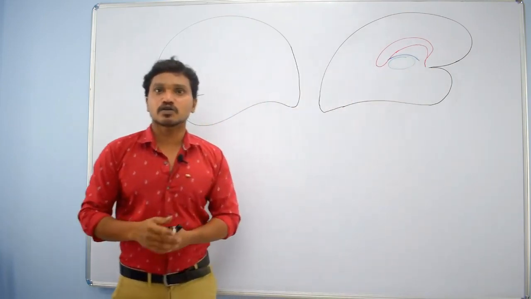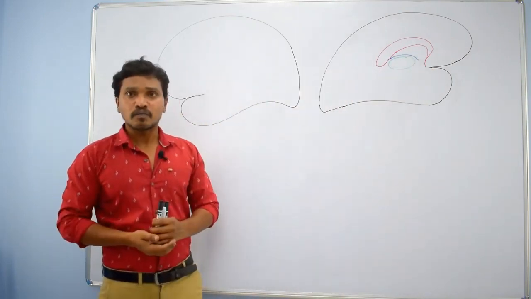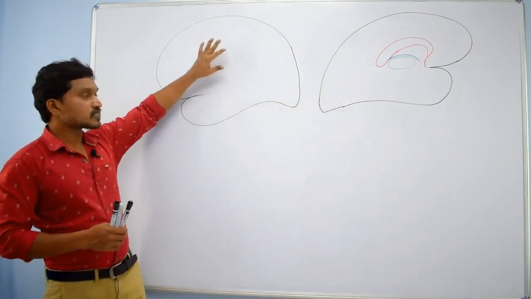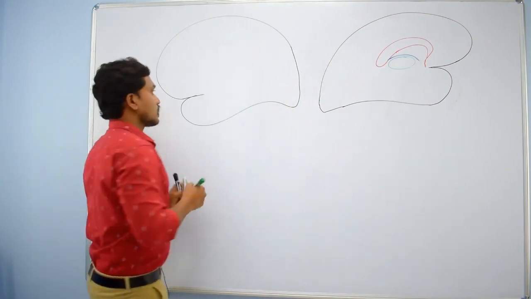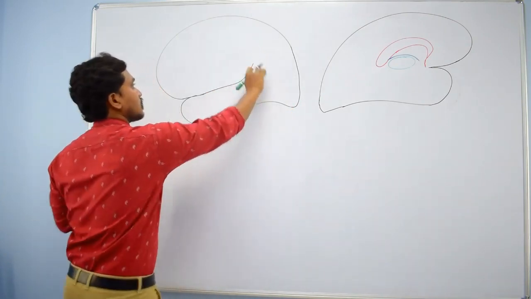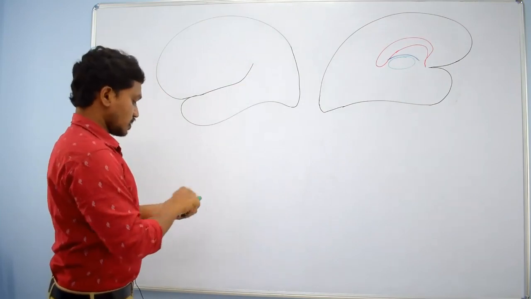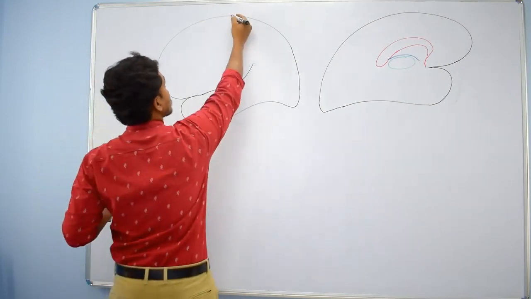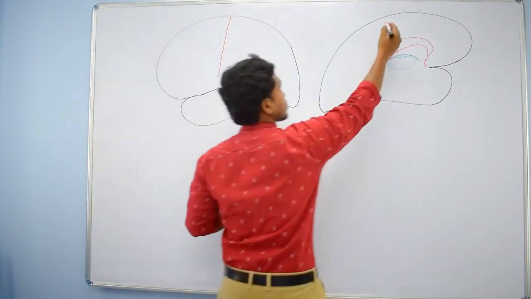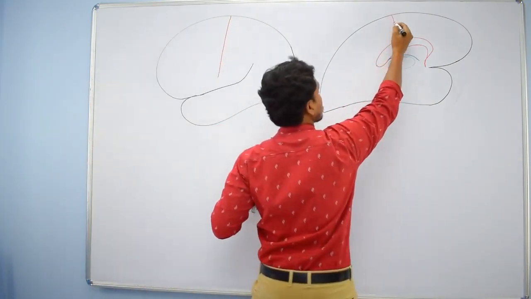Remaining other things will also be there, but I am not going to draw them. Now if you see the superior lateral surface, what is this? You have to tell me. This is the posterior ramus of lateral sulcus and this is the central sulcus. Of course the central sulcus starts from here in the medial surface.